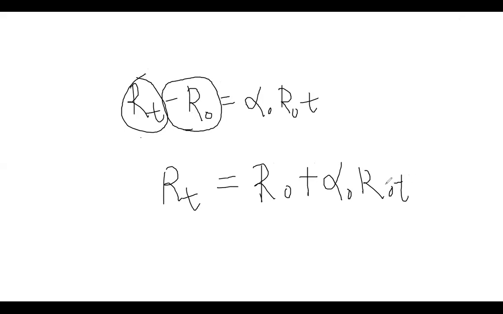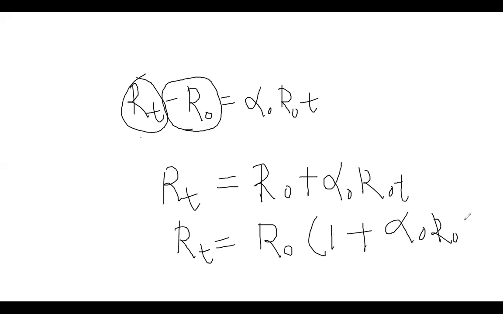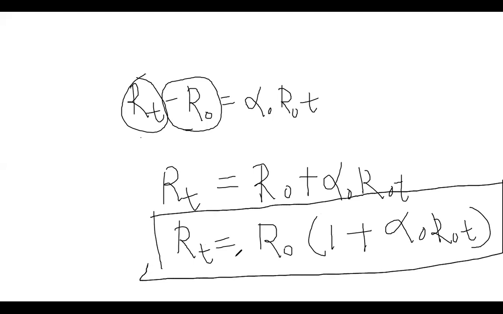Now we can separate out the R0 component from the right hand side. So RT is equal to R0 into bracket 1 plus alpha 0 into T. This is the final resistance equation based on the initial value of the resistance.